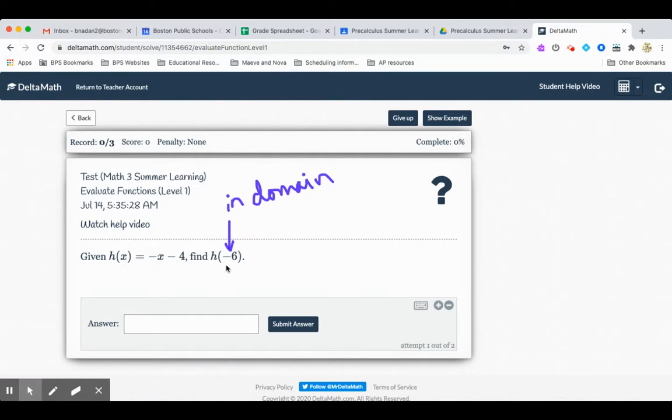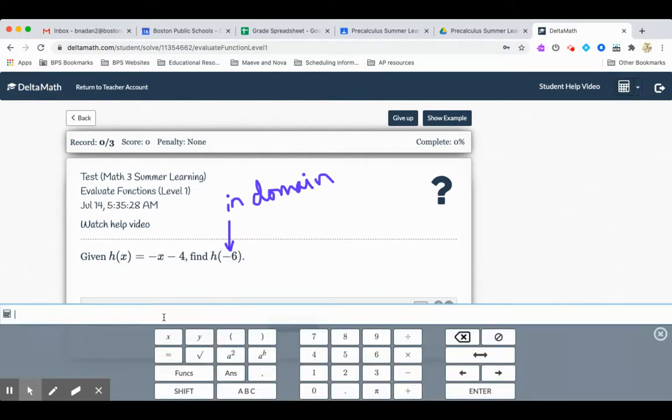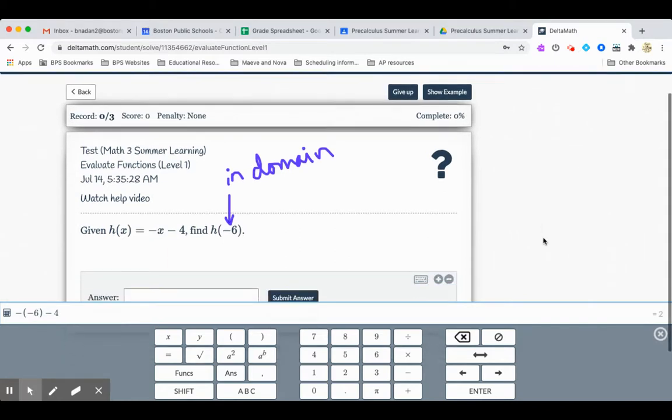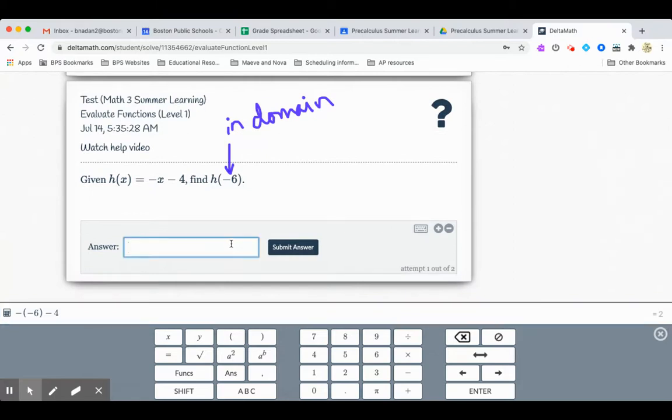You're just going to be putting in -6 for x here and just super careful because of the negative. So this would be -x minus 4 is the actual function, and then the number in the domain, or the input, is -6. And so the output, which is the number in the range, is 2. Okay, so I just submit the answer 2.